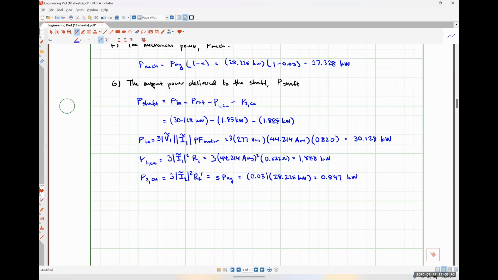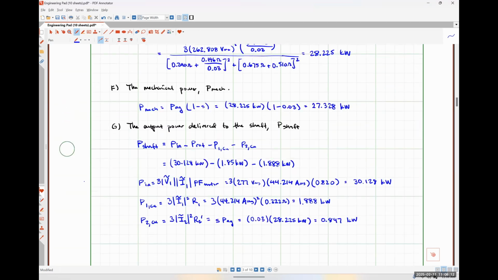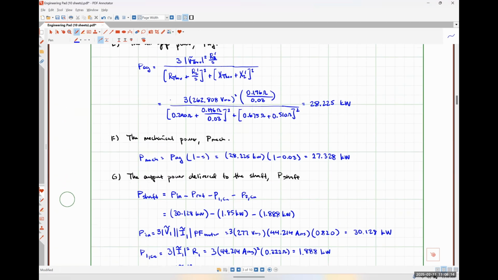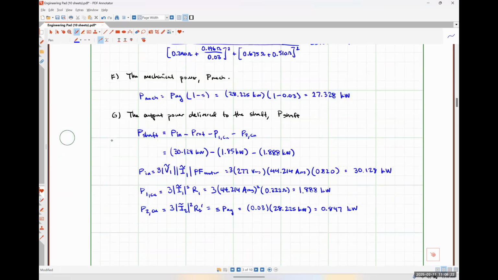My air gap power is already taking into account that it is for all 3 phases. That's why there's this factor of 3 on the front block.